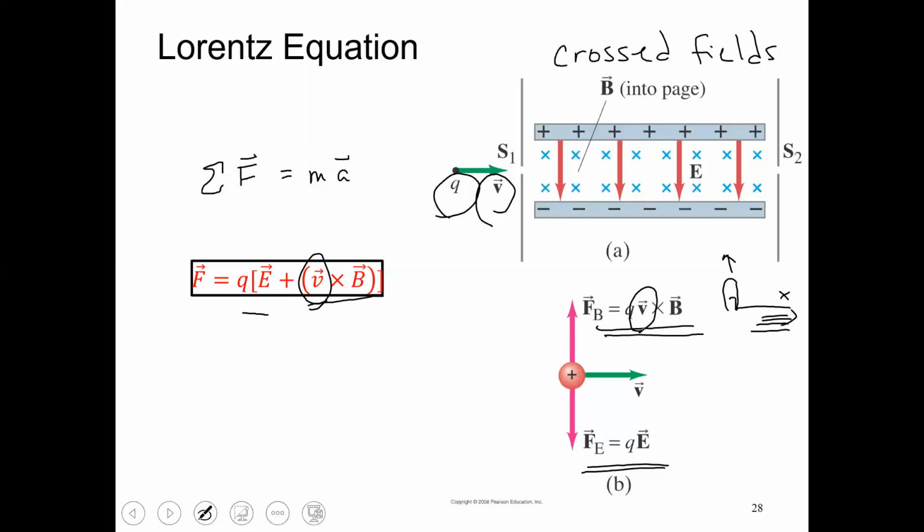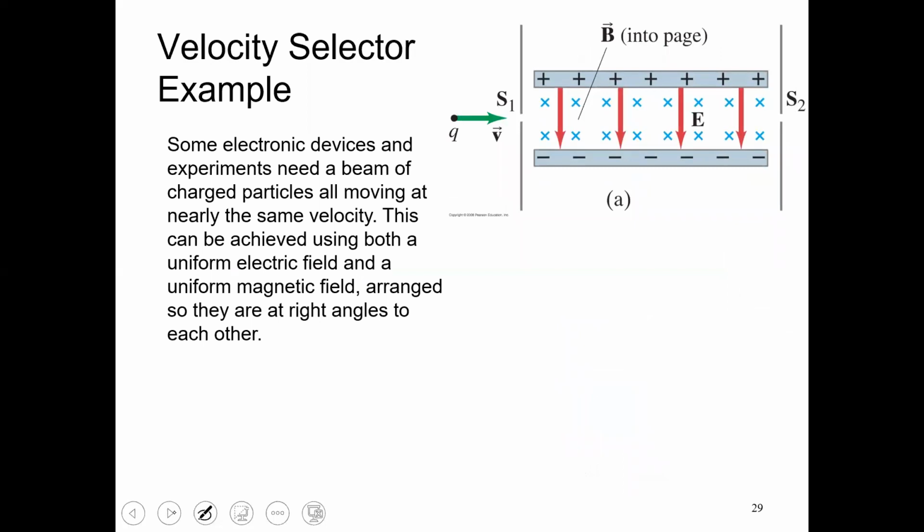So that means there are some applications for this crossed field idea. One of the applications is what's called a velocity selector. A velocity selector lets you basically choose what speed of particle you are going to allow to pass straight through and come through this slit on the other side.